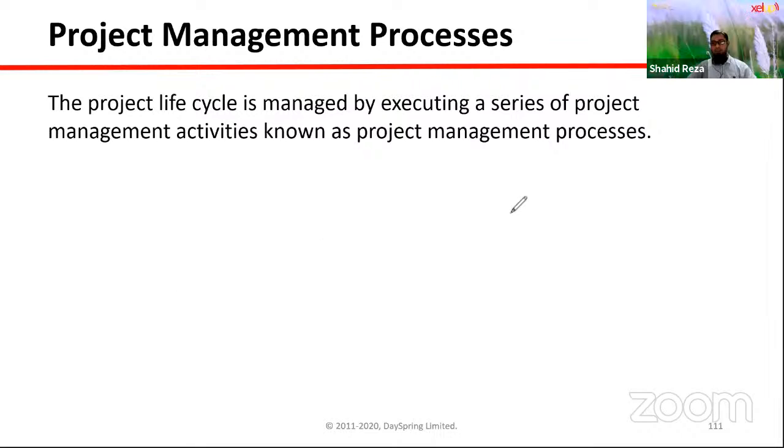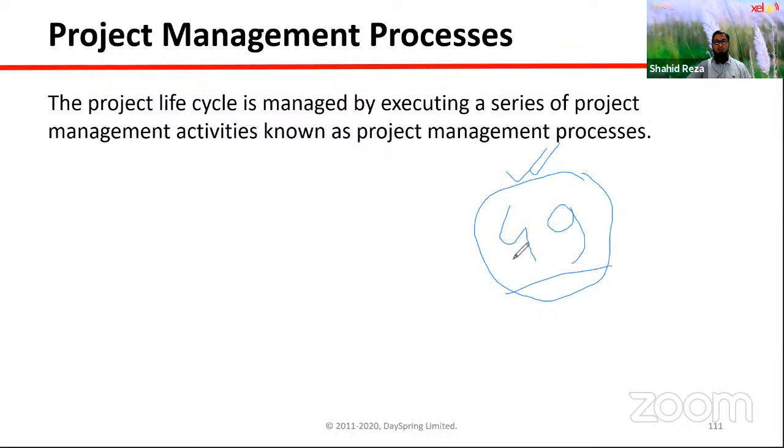So PMBOK actually discussed about 49 processes. And what is PMBOK targeting? PMBOK is targeting or forcing us to implement processes. If we can be more process oriented, we can manage projects more successfully. So that's why PMBOK is focusing on processes. In the whole PMBOK, you will see it talk about 49 processes.